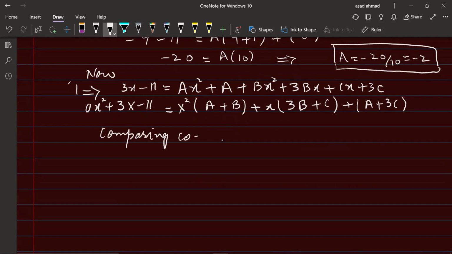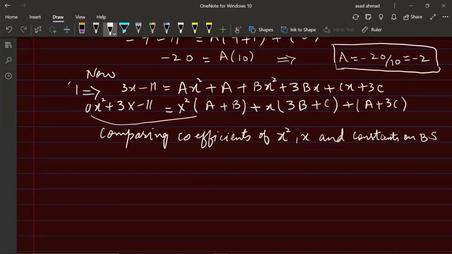Comparing coefficients of x square, x, and constants on both sides. First comparison, 0 will be compared with a plus b, 3 will be compared to 3b plus c, and minus 11 will be compared to a plus 3c, to make three equations.